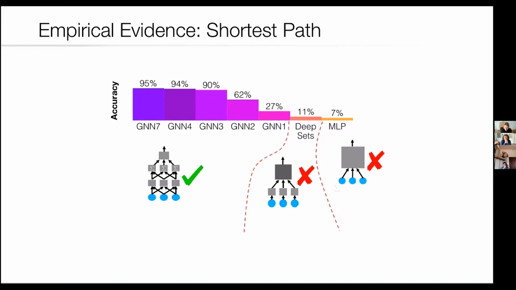That would explain why the GNNs with sufficient depth manage to learn that task, versus the others that have trouble. Maybe they would learn it with more and more data, but we found that it was really difficult. In principle, they can represent it, but they didn't really learn it well. So that's some empirical evidence for this algorithmic alignment.